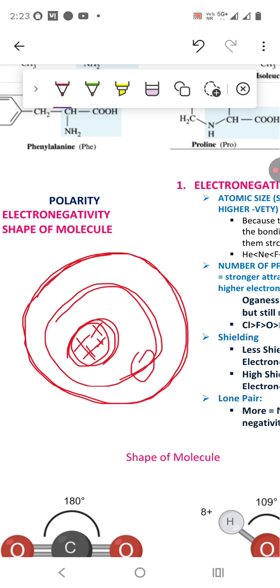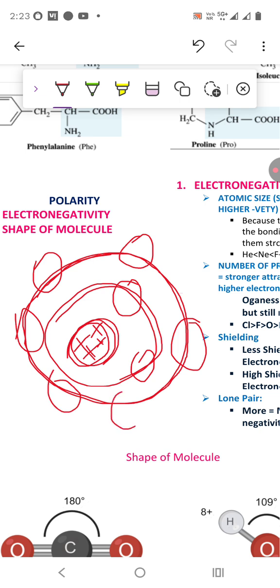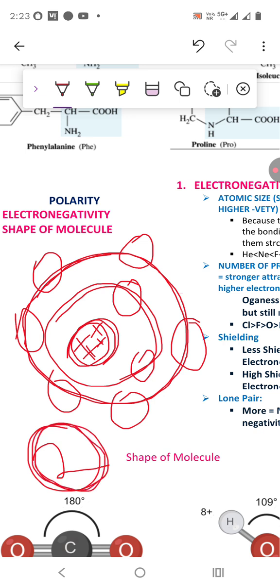Let's say there are 2 electrons in the 1s shell, 2 electrons in the 2s shell, and 4 electrons in the 2p shell. Why am I drawing 2s and 2p together? Because the quantum number is 2 for the second shell. For 1s, the quantum number is 1.